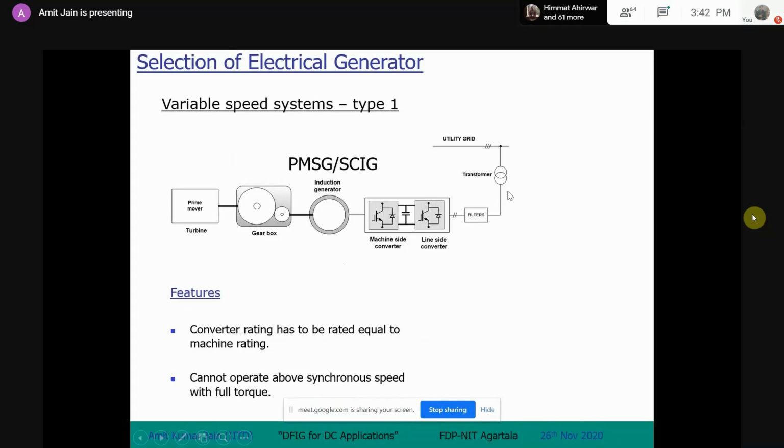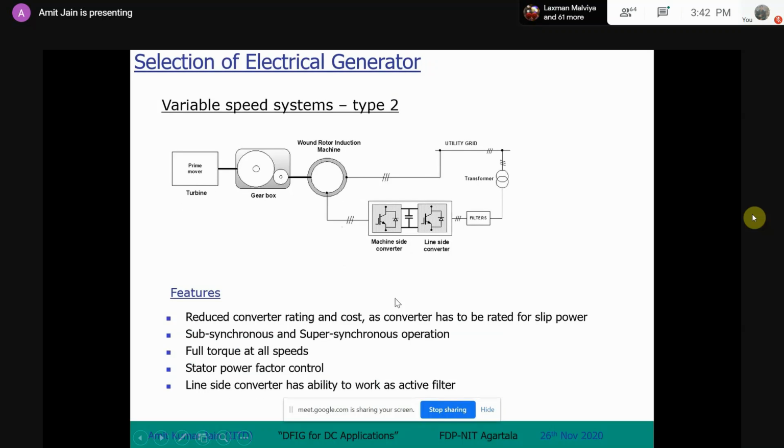So you have to design both converters for 12 megawatt, because they can always take lesser power, right? But what we are wasting is that we only have to take 4 megawatt in general, because the speed variation is small, so we are unnecessarily putting very large converters here. But that is simplified in this DFIG.